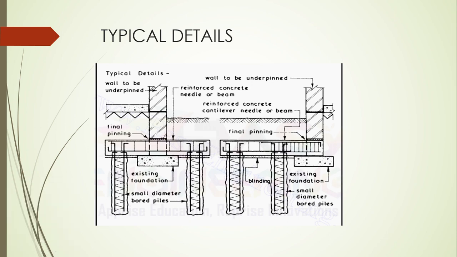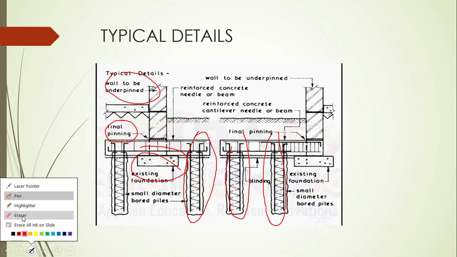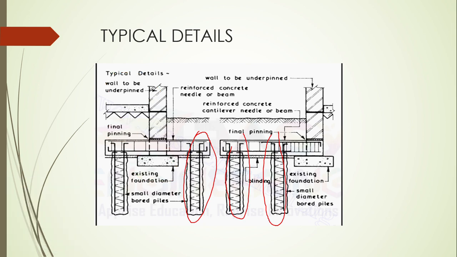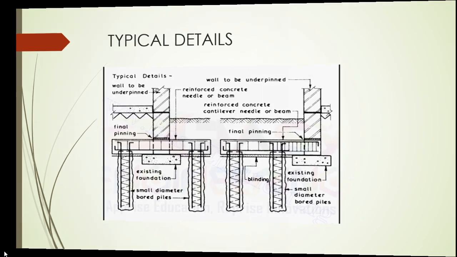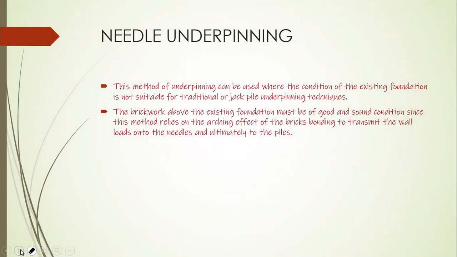As you can see, the wall to be underpinned is here, the existing foundation, and small diameter piles which have already been cast into the ground are here. These are the piles. Yes, those are the typical details of that method, which is the needle underpinning method.